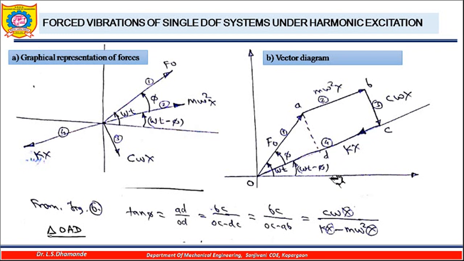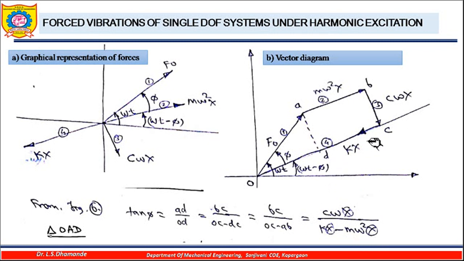So BC is C into omega into x, OC is K into x, and AB is M omega square into x.